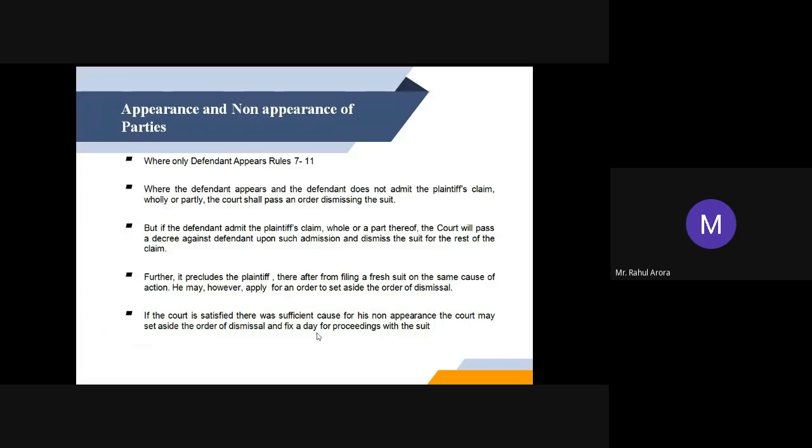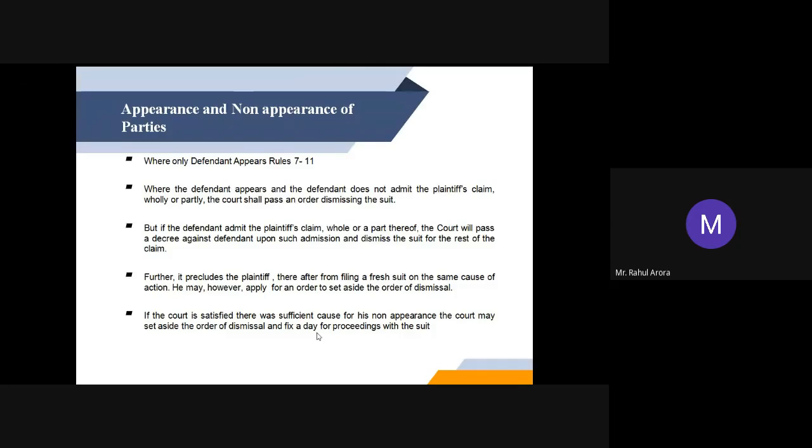Where the defendant appears and the defendant does not admit the plaintiff's claim wholly or partly, then the court shall pass an order dismissing the suit, meaning thereby, if the defendant on being appeared before the court does not admit the amount claimed by the plaintiff in the suit, then the court shall dismiss the suit at its threshold.